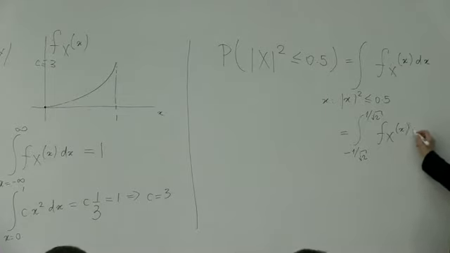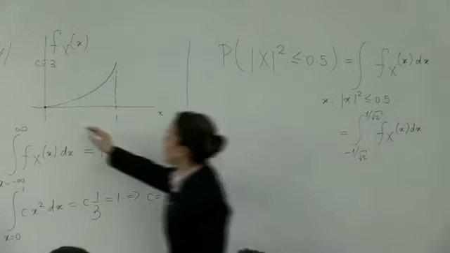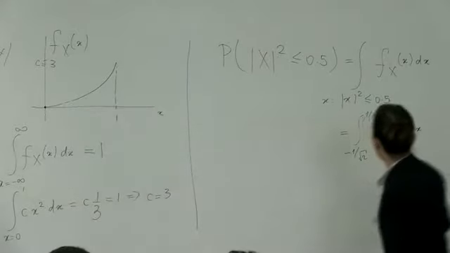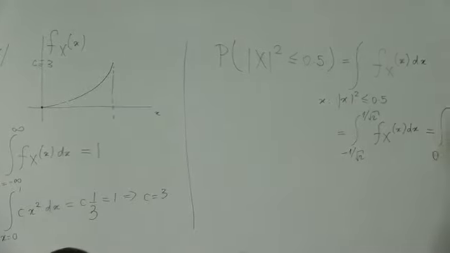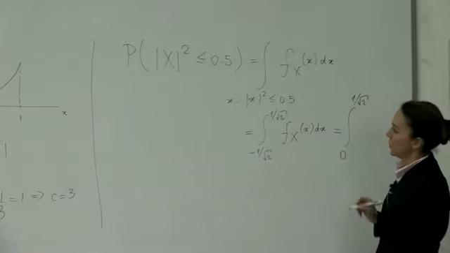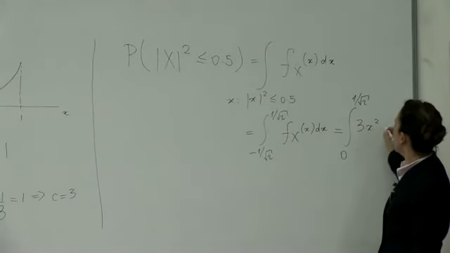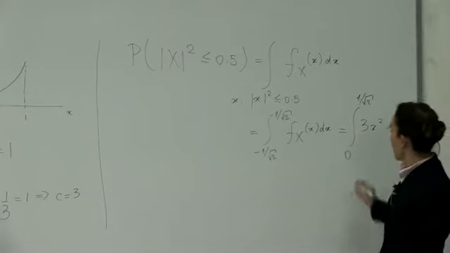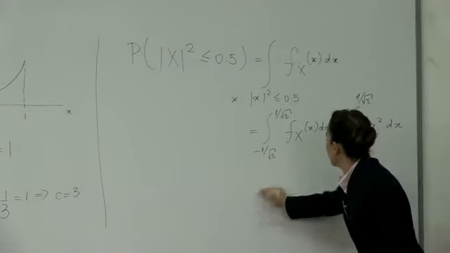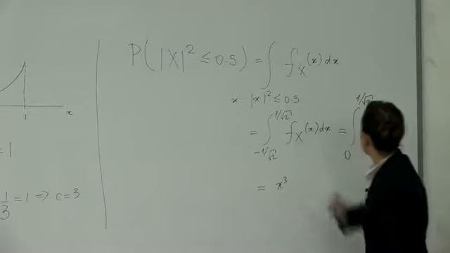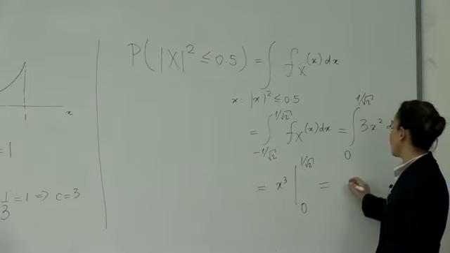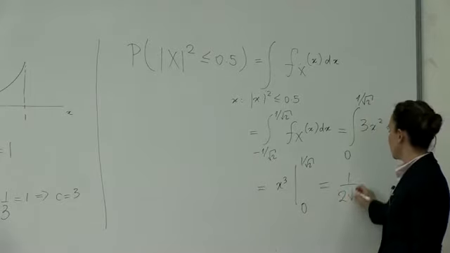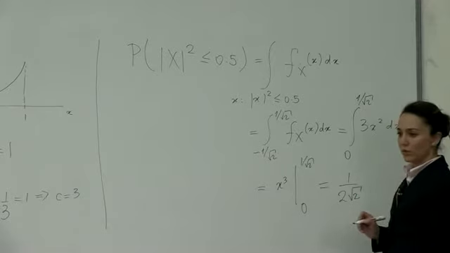The integral of fx of x dx, but fx of x is 0 before 0. So we only need to integrate from 0 to 1 over square root of 2, 3x squared dx. And that gives us x cubed from 0 to 1 over square root of 2, which is 1 over 2 square root 2.